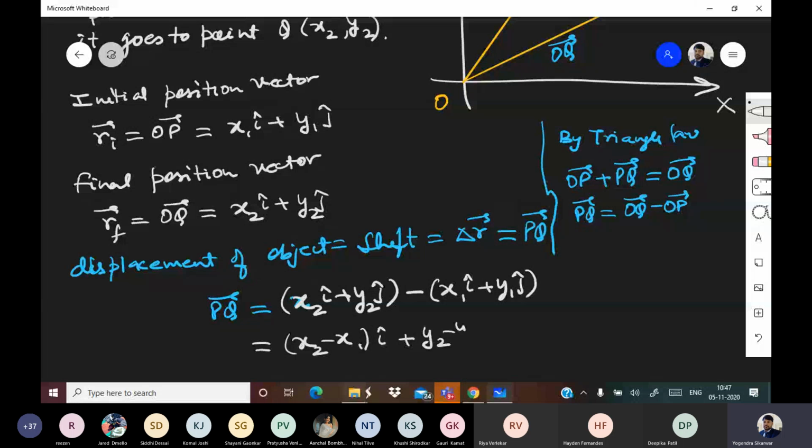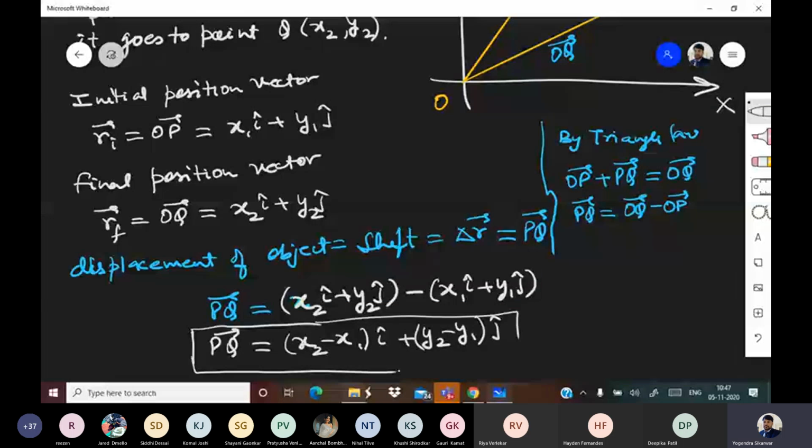So this is our PQ vector. Mind it, that is also equal to displacement.